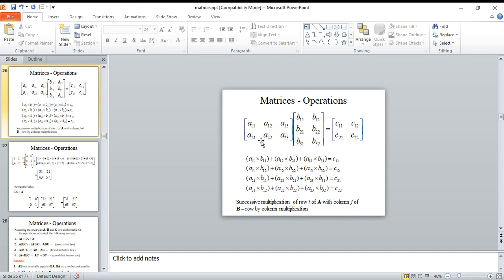Here is an example. The first matrix has first row A11, A12, A13 and second row A21, A22, A23.